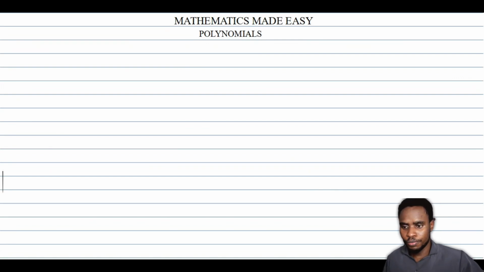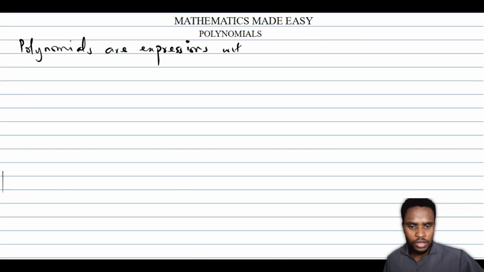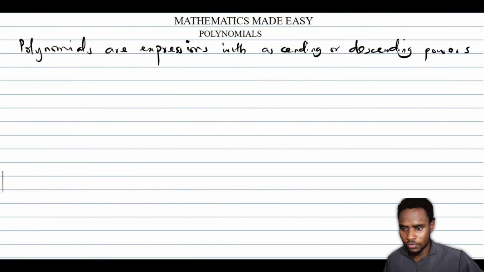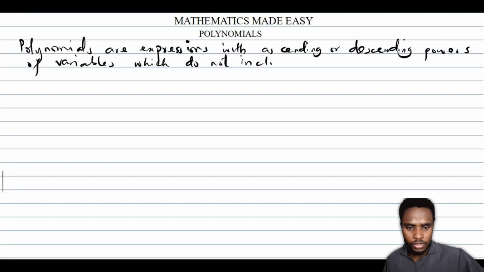What are polynomials? Polynomials are expressions with ascending or descending powers of variables which do not include negative power.